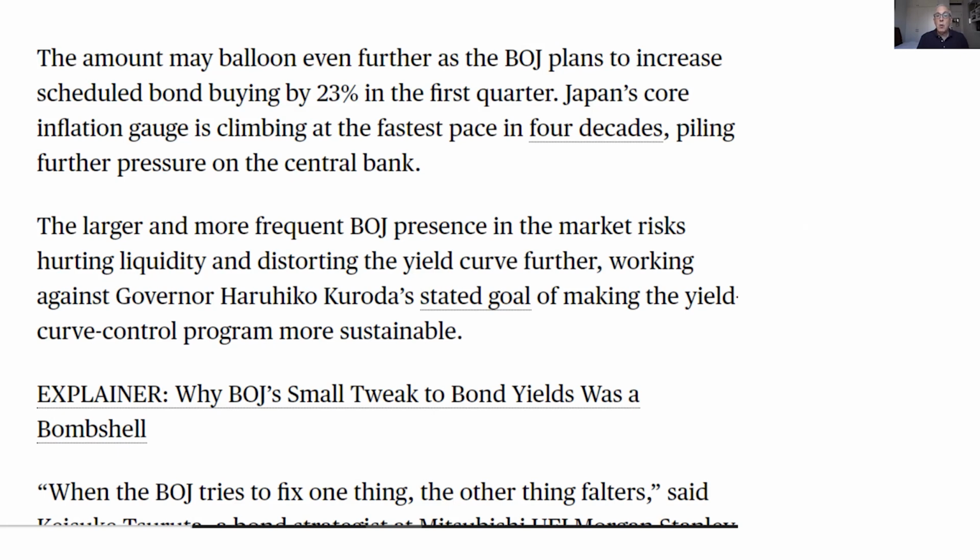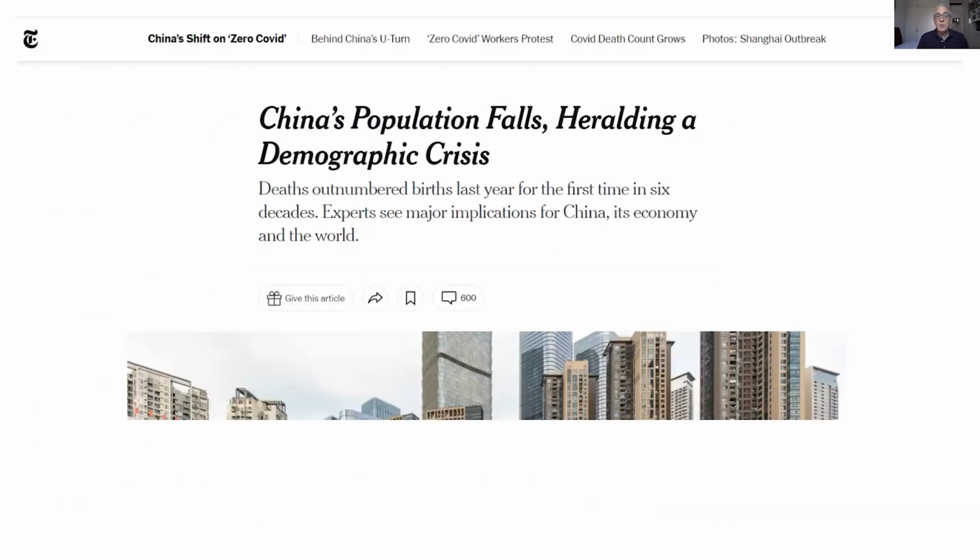On the morning I'm recording this, the lead story in the New York Times is about a demographic milestone in China, as more deaths were recorded there in 2022 than births. So let's see how they package this. You can see that above that headline, there's a banner with a set of related links about the end of COVID-0, including one explainer behind China's U-turn.